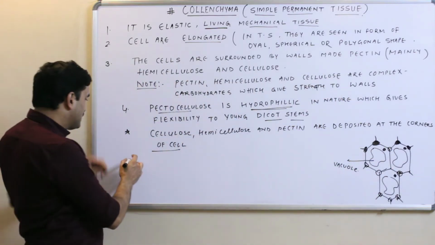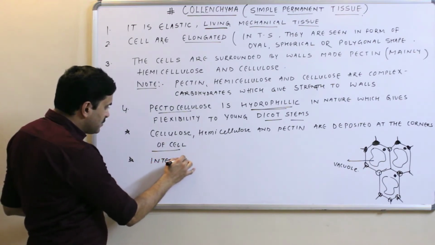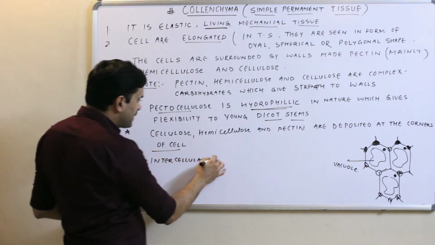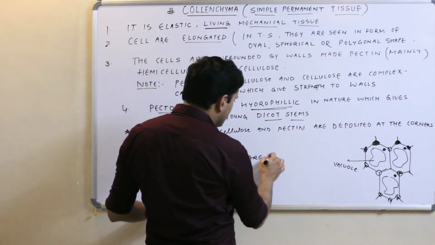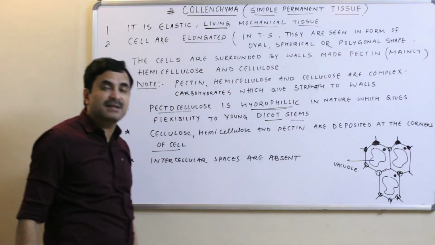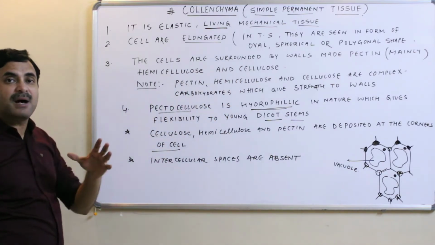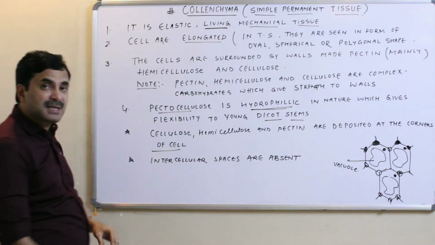Alright. Now the next one is intercellular spaces are absent. You have seen that in the parenchyma the intercellular spaces were present, but here intercellular spaces are absent.